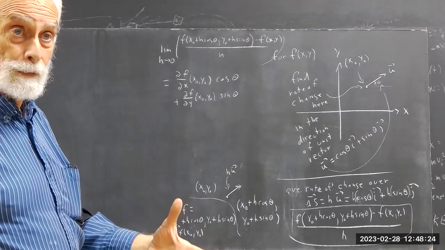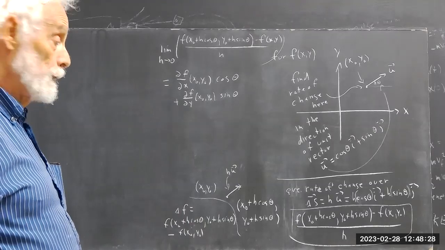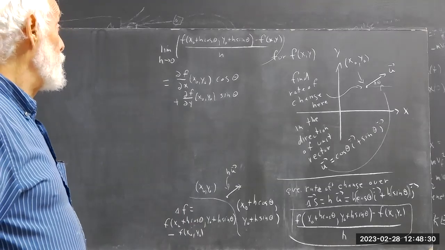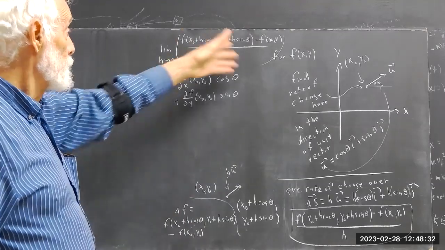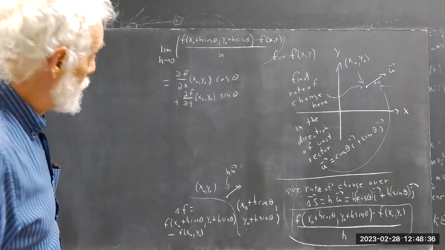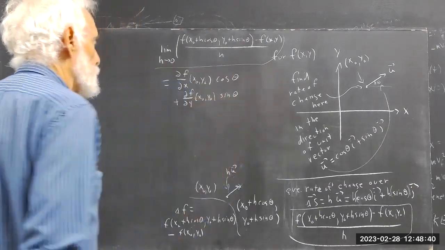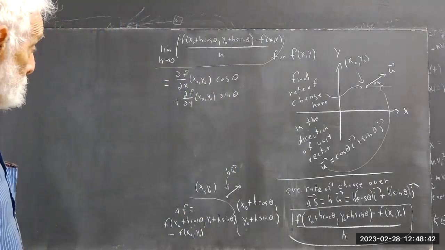Fairly intuitive, but you can work out the details. You can read those details in your text. The algebra of simplifying this is pretty straightforward. In any case, this is the definition of a derivative, and this is the way it works out.